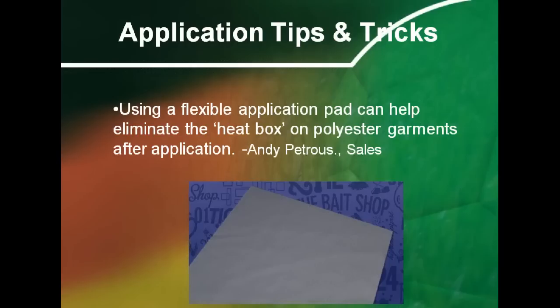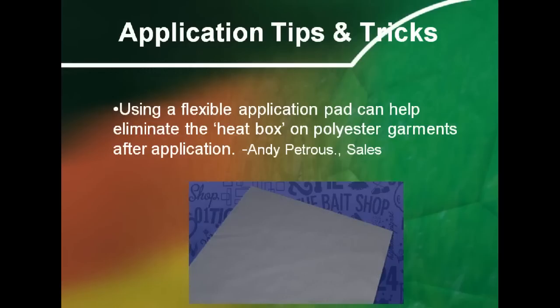If you're doing just a smaller left chest logo, it's great to cut that 8.5 by 15 and elevate the left chest on polyester. That way, like I said, you're only elevating that area, so you're not getting that large square 16 by 20 heat press box that we've been noticing more and more, particularly on the moisture wicking. Also, I've seen it appear on sublimated garments, and on darker colors, your reds and your navy polyesters.